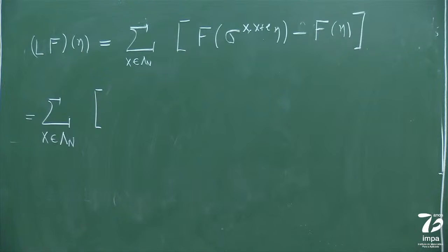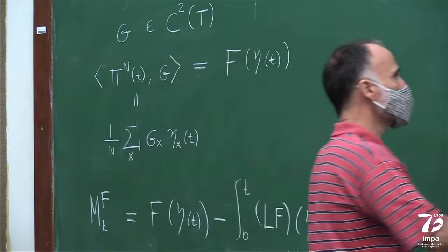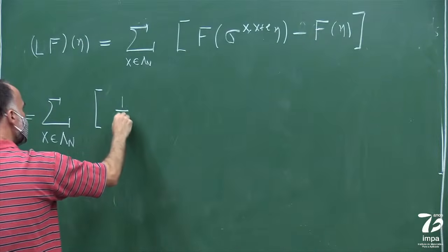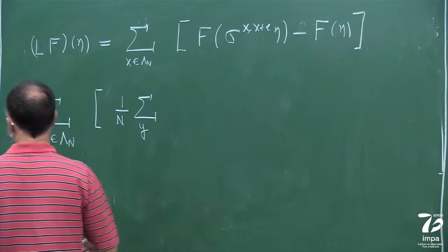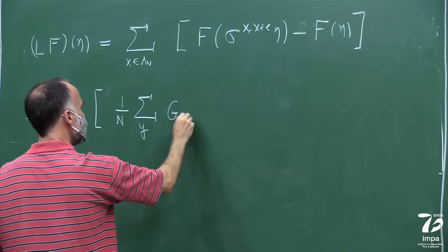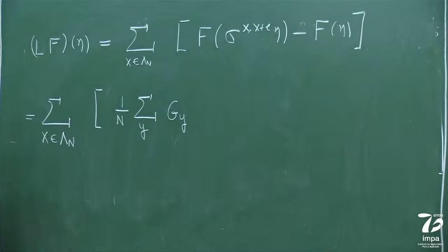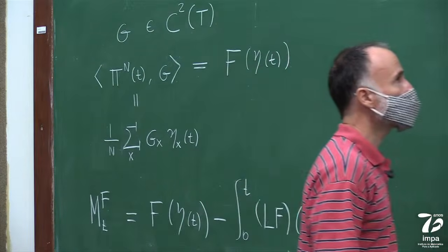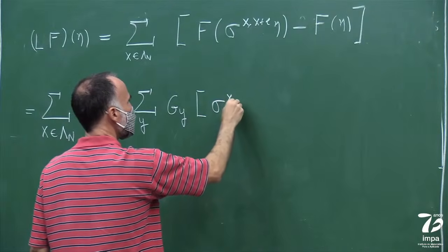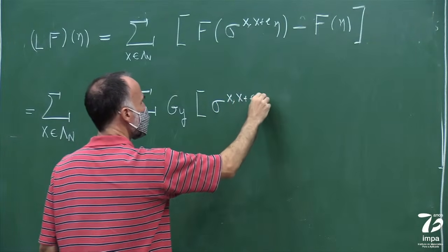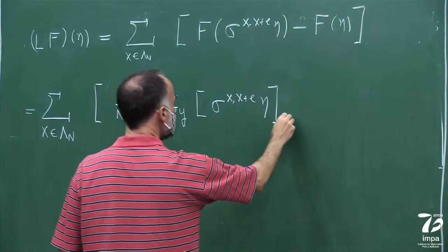So let me replace this x by y. So it's 1 over n, a sum over y of g y. But now I'm computing not at eta, but at sigma x, x plus e of eta, and this is computed at y.